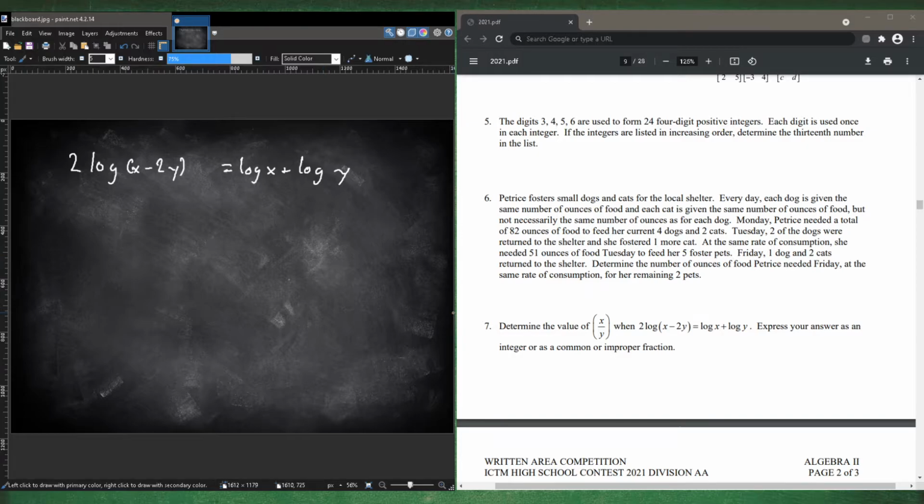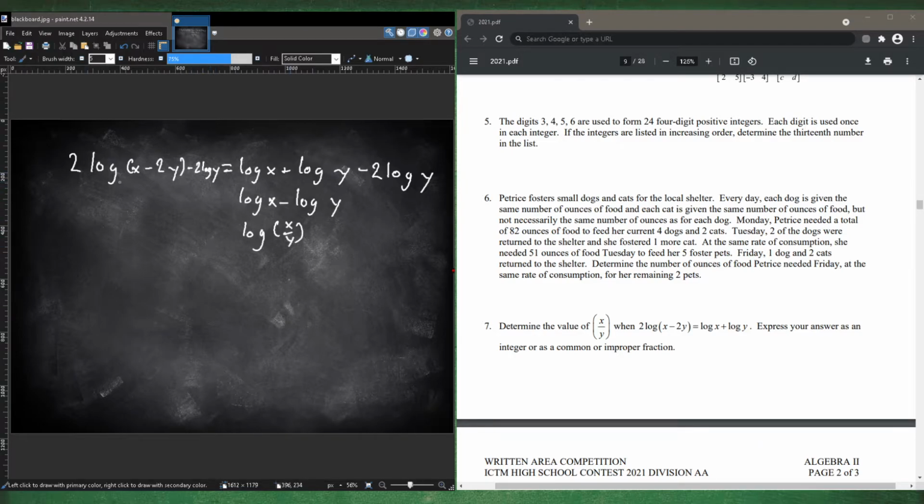We want x divided by y. So we're going to subtract log y and 2 log y on both sides. Then this will give us log x minus log y, because log y minus 2 log y is minus log y. And this gives us log of x divided by y, which is what we're looking for.